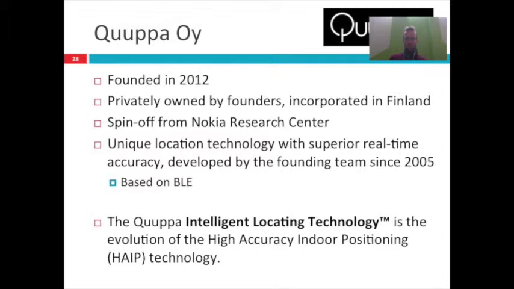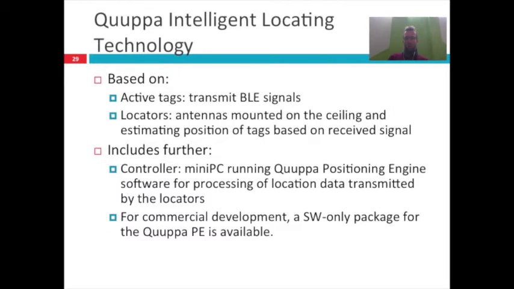The name of this technology is Intelligent Locating Technology, which is the evolution of a high accuracy indoor positioning or HAIP technology, which was sold by Kupa until a couple of years ago. The Kupa Intelligent Locating Technology is based on a number of devices. First, active tags. Small portable devices, battery-powered, that transmit Bluetooth Low Energy signals.